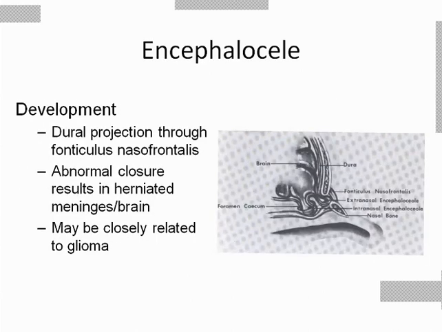So the developmental abnormality is the same thing, but depending upon the contents, it could be an encephalocele, meningoencephalocele, or only a meningocele, or a dermoid, or a glioma. Okay, so the pathophysiology is the same because of the closure defects.